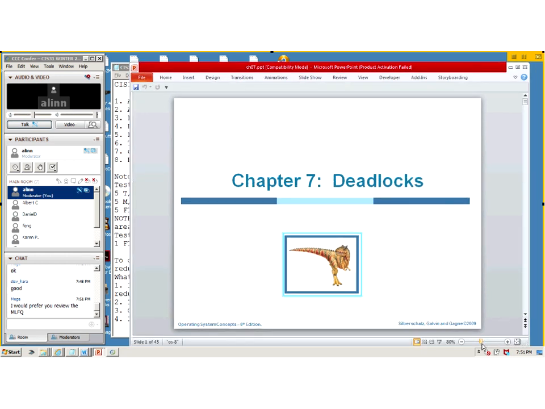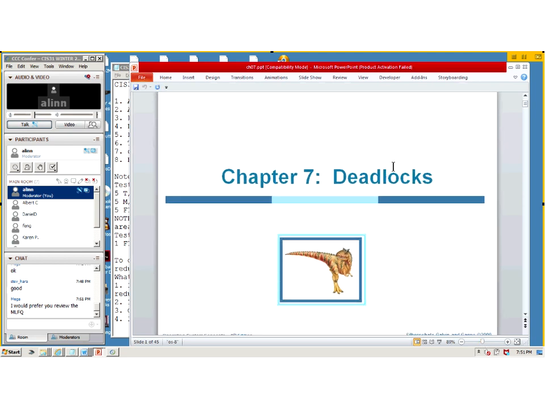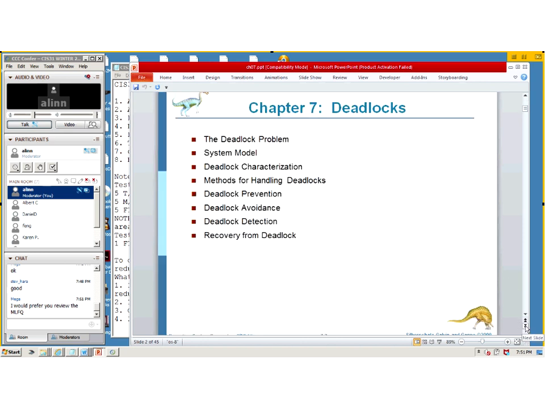This is kind of like what could happen in a multi-programming environment when you're issuing resources to processes and they still want more. That's kind of what this chapter is about.